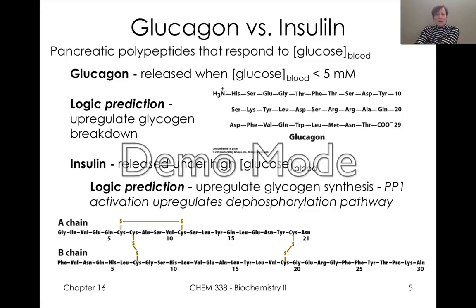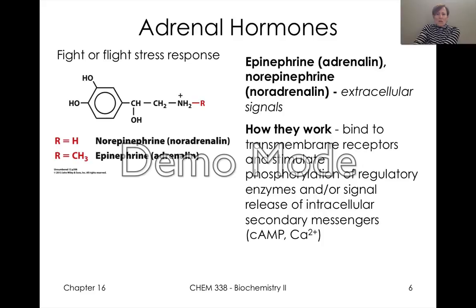So we're going to put that all together with the slide that shows muscle and liver cells, and we'll talk again about some importances of that. Adrenal hormones, noradrenaline and adrenaline, also called norepinephrine and epinephrine, differ basically by a methyl group at this position. But for what we're going to consider now, they operate similarly.